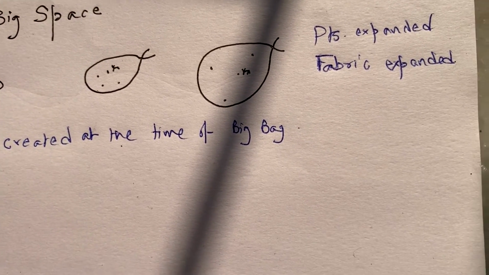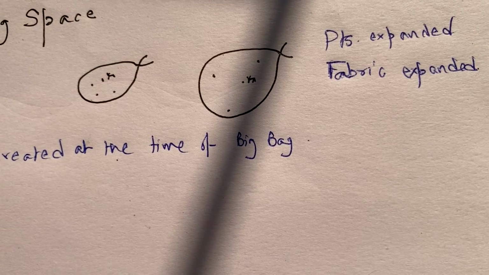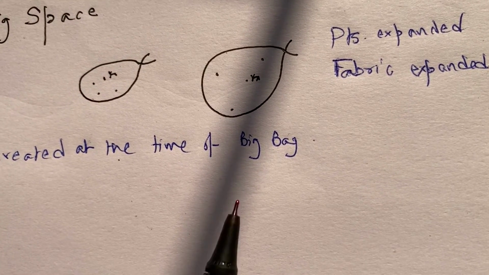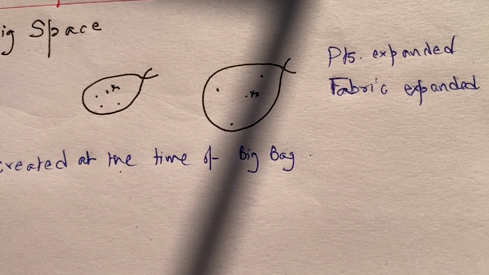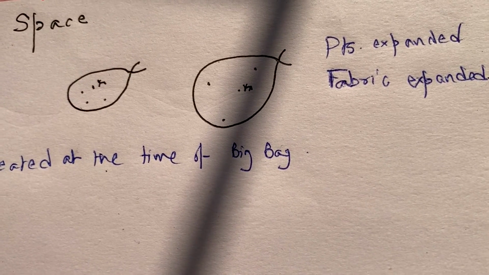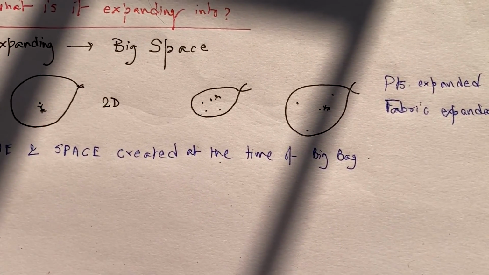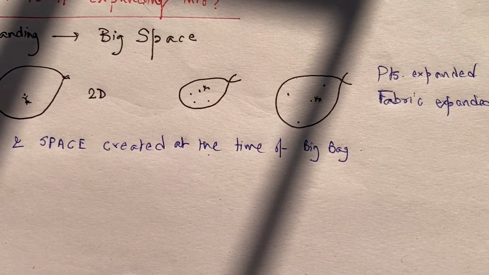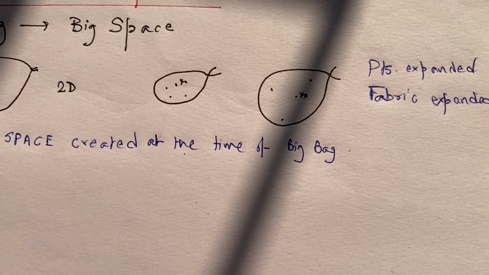So if I ask it what the balloon is expanding into, it will not be able to give any answer. For this ant, only the points expanded, and points expanded with the fabric.